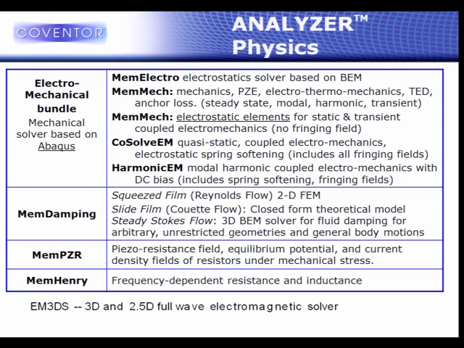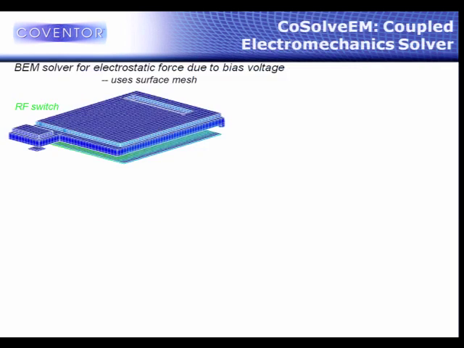Another thing that's unique to MEMS is that you need to worry about gas damping, and we have a module called MEM-Damping, that does damping in two different ways, 3 types of damping, with a Reynolds solver and a Stokes solver, a separate solver for piezoresistance, and then a solver called MEM-Henry that does frequency-dependent resistance and inductance. So I'll go through this quickly.